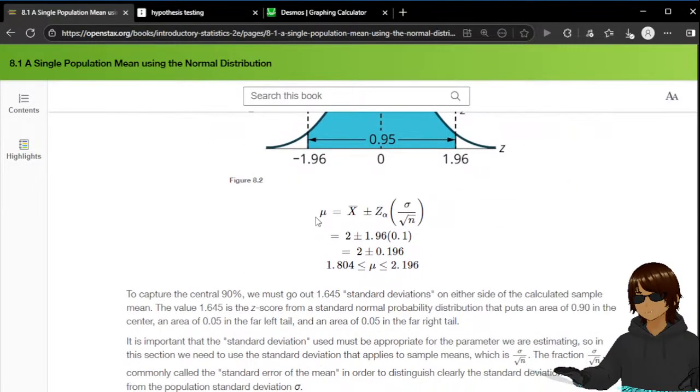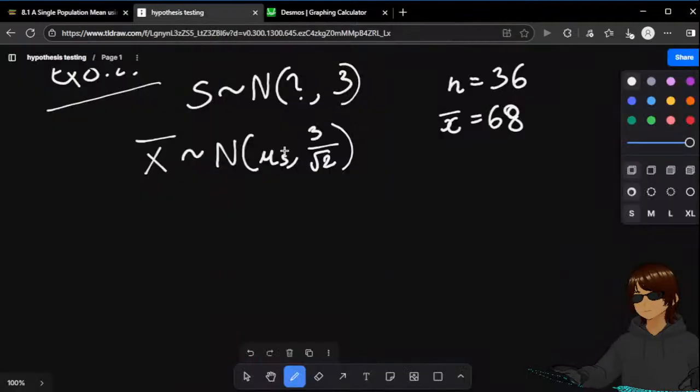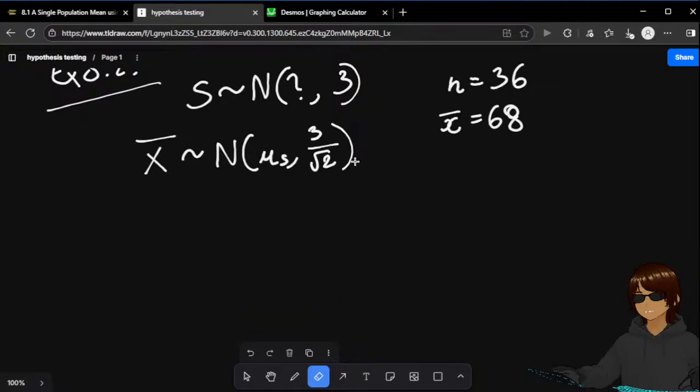We cannot use mu. X bar is 68. N is 36. It's not root 2, it's root 36.